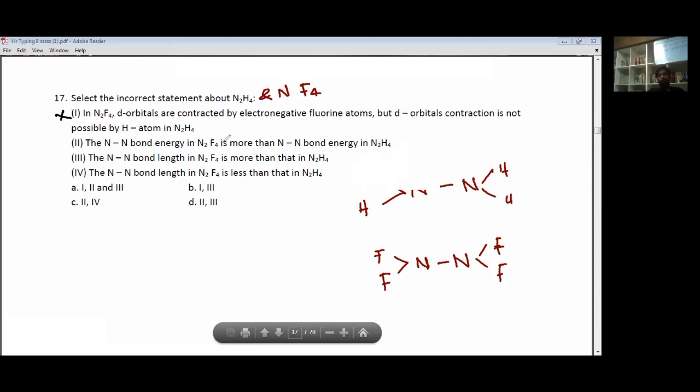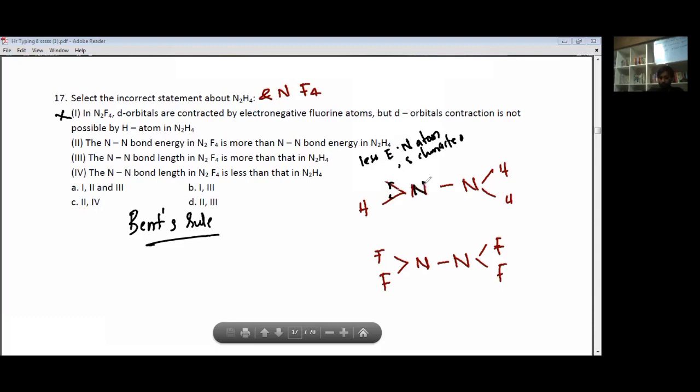The next is NN bond energy of N2F4 is more than NN bond energy of N2H4. Okay, so now next you have to know a rule called Bent's rule, which determines the S character and P character of orbitals. Okay, if there is a bond to the less electronegative atom, then its S character increases.